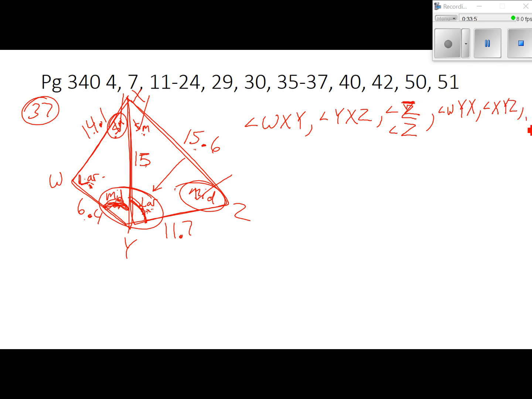And then that leaves us with, and I'm running out of space over here, our very largest angle in the whole picture, which is angle W. A little tough. You just got to put some thought into it. Think it all the way through.